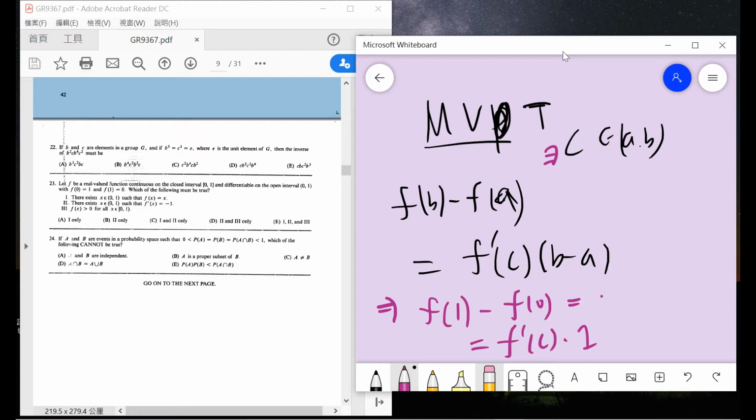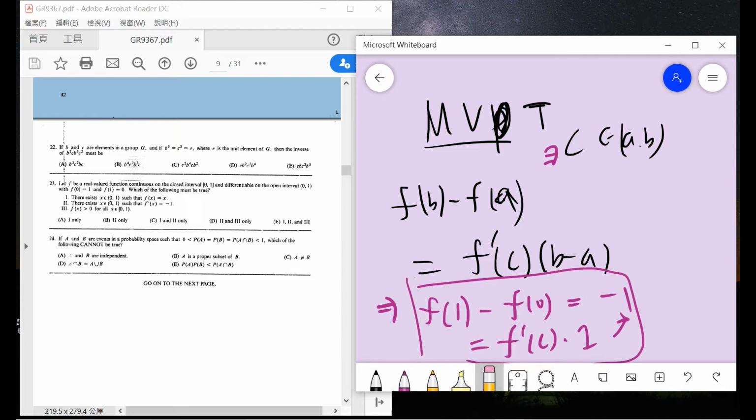So this is minus 1. So the mean value theorem tells you that there is a point such that f prime of c is negative 1.